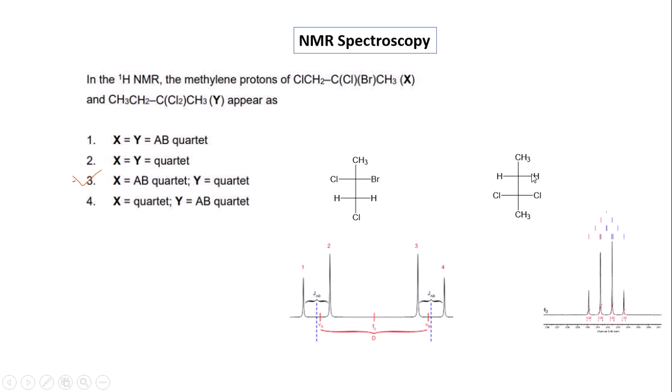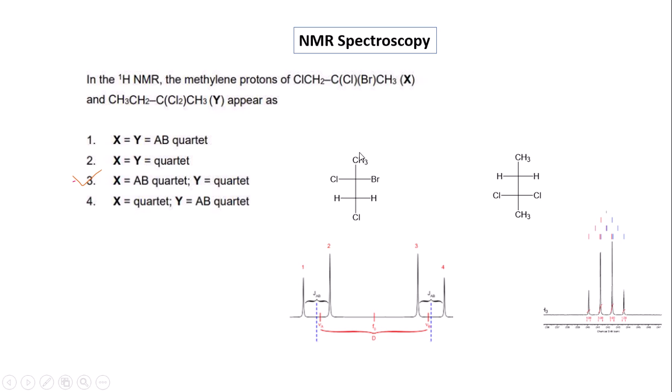So this methylene hydrogen atom is similar to first-order NMR. That is, it can be split by the n+1 rule as a quartet, and according to Pascal's triangle, the ratio will be 1:3:3:1.